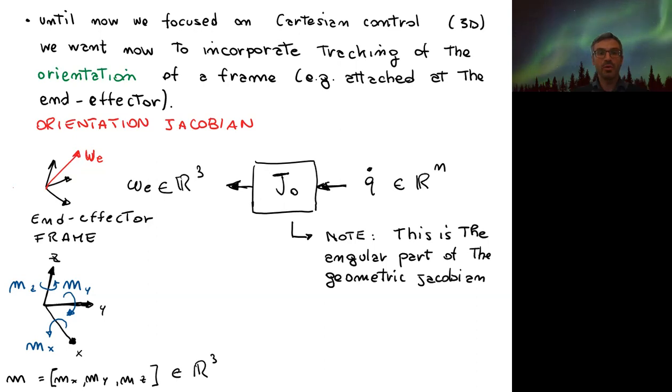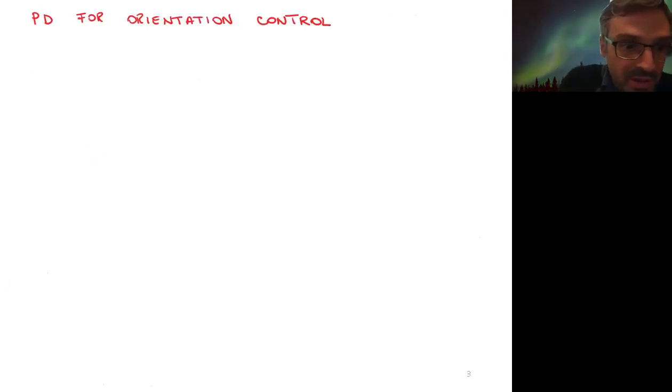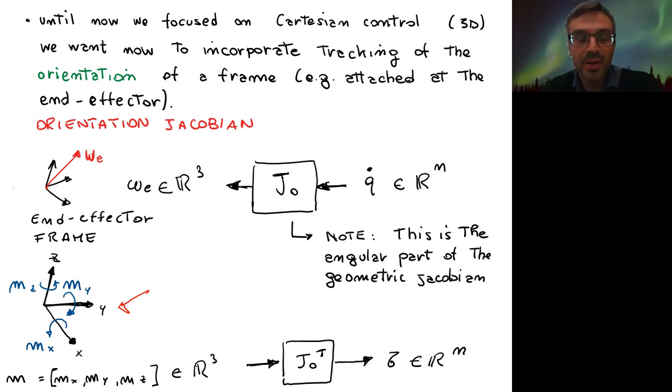So the same we did for forces, we can do for moments at the orientation level. Pay attention that now we no longer talk about virtual linear forces, but about virtual moments. So these are moments about the axis of the end effector of whom we want to control the orientation.